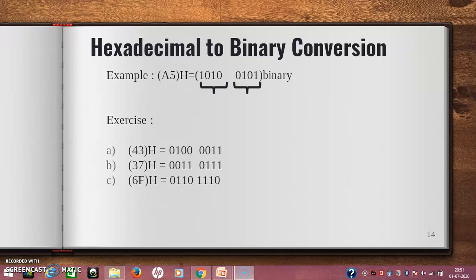We know the value of A is 10, and when 10 is represented in binary, it would be 1010. And when 5 is represented in binary format with 4 bits, it would be 0101. I hope everyone is acquainted with the 8421 format, the way to calculate the binary format of hexadecimal numbers. A similar exercise has been solved for you as practice.